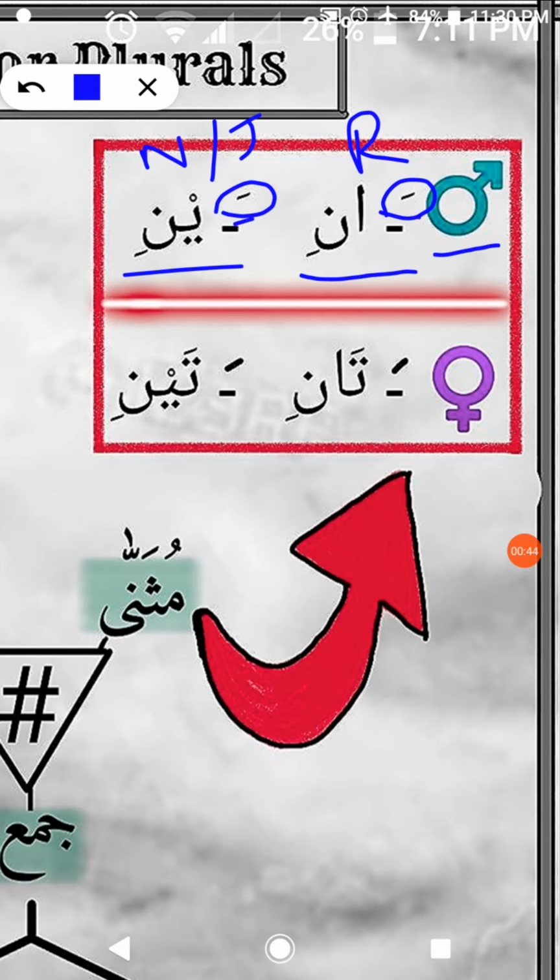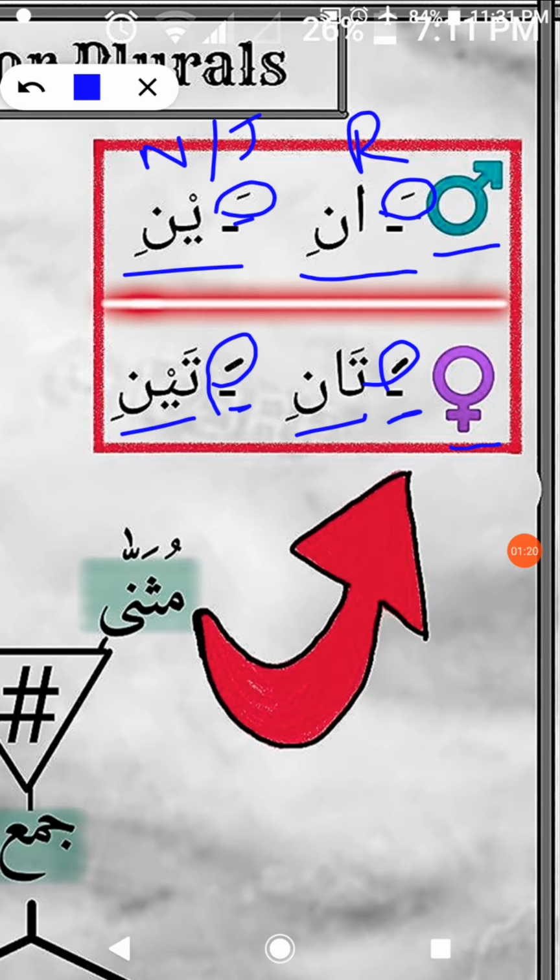Now the suffixes for feminine musanna are tani, taini, and the letter behind this suffix should carry a fatha in most of the cases, if you'll see these examples. It would be easier for you to understand when we are doing those examples. Otherwise you may find some other words that do not, for example, bintani, the musanna of the word bintun.